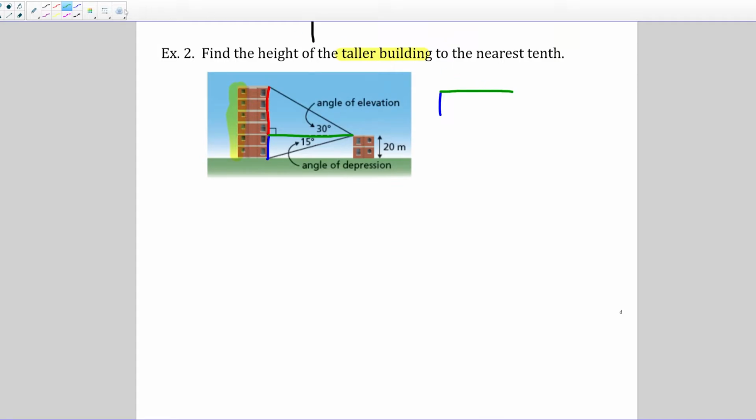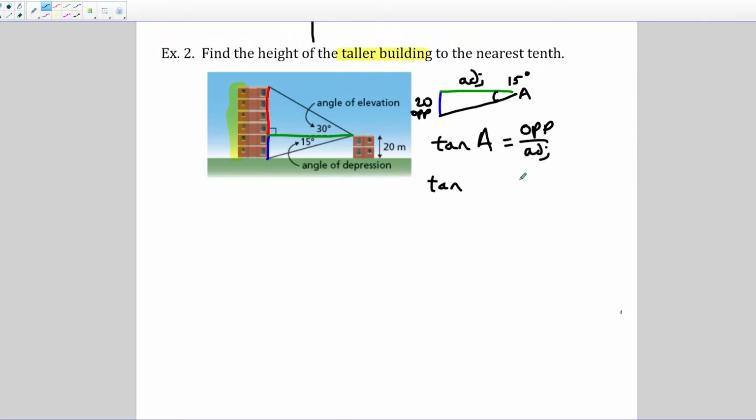So I've got my blue and my green sides. I'm going to go ahead and draw my triangle. I know that this is 20. This guy here is 15 degrees. I will call this angle A, and we can label our sides. So this is my opposite side, and this is the adjacent side. So we're going to be using the tangent ratio. So tangent of angle A is equal to opposite over adjacent.